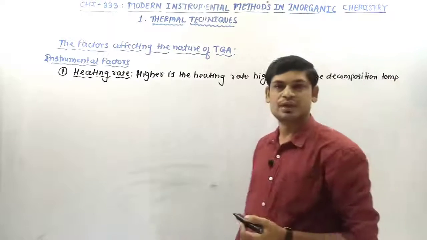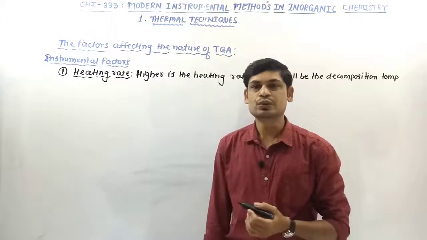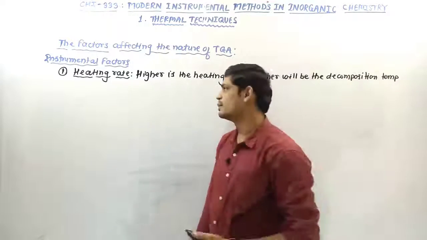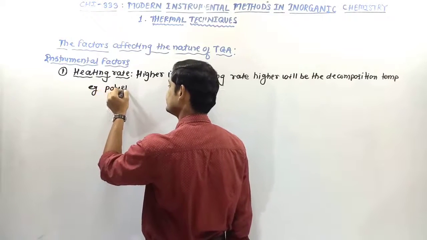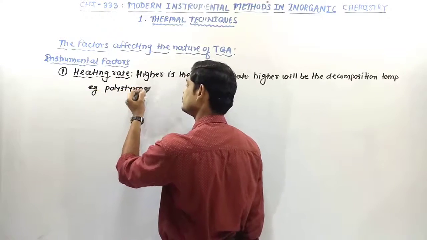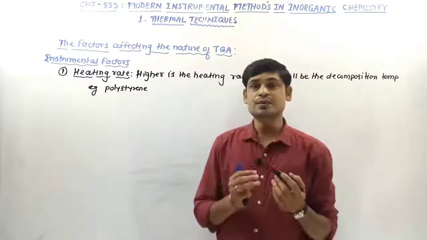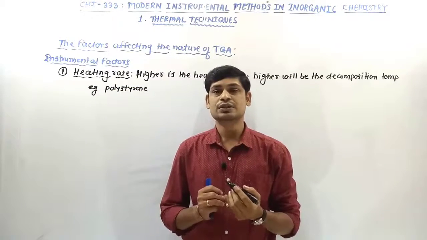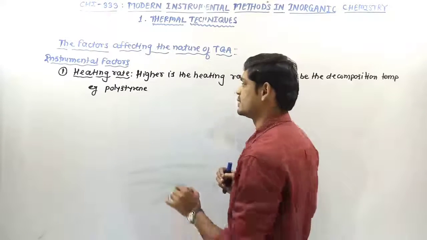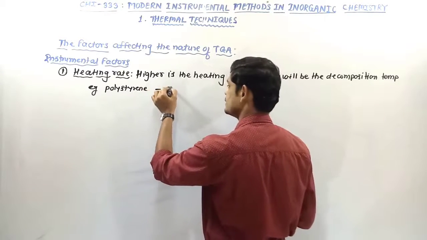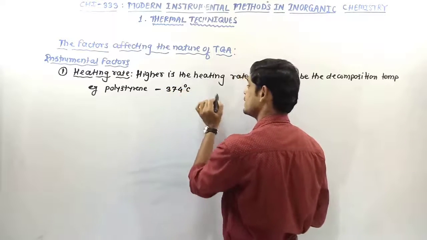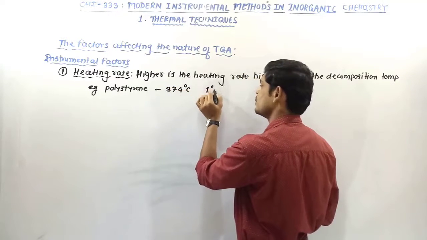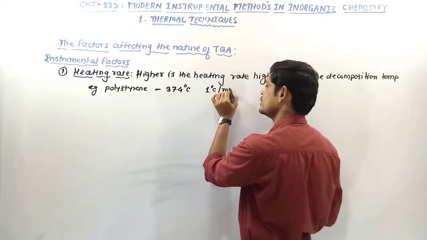We can have an example. Suppose we take the example of polystyrene. Polystyrene decomposes at about 374 degrees Celsius if the heating rate is 1 degree Celsius per minute.